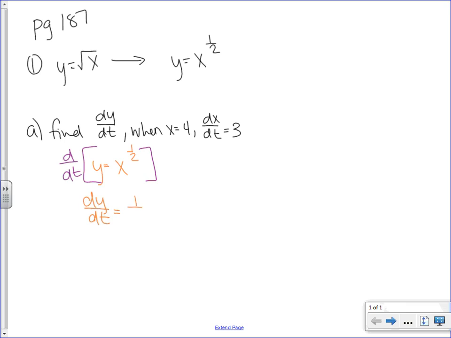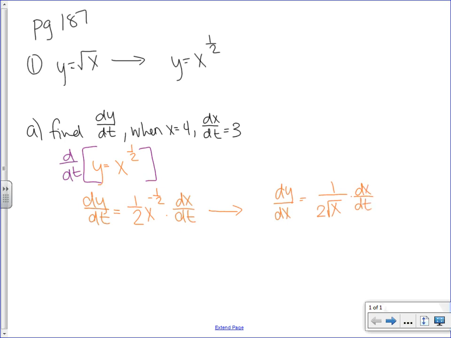So this would become 1/2 x to the negative 1/2. But the x doesn't have a t in it, so it's junk, so we need to tack on a dx/dt. Now, I simplified this. So I changed this to dy/dx, and then since that's a negative 1/2 in the exponent, I just changed this to 1/2 times the square root of x, times dx/dt.